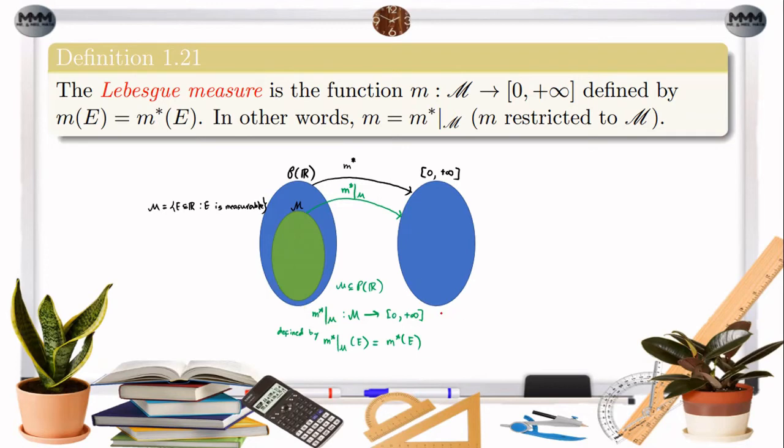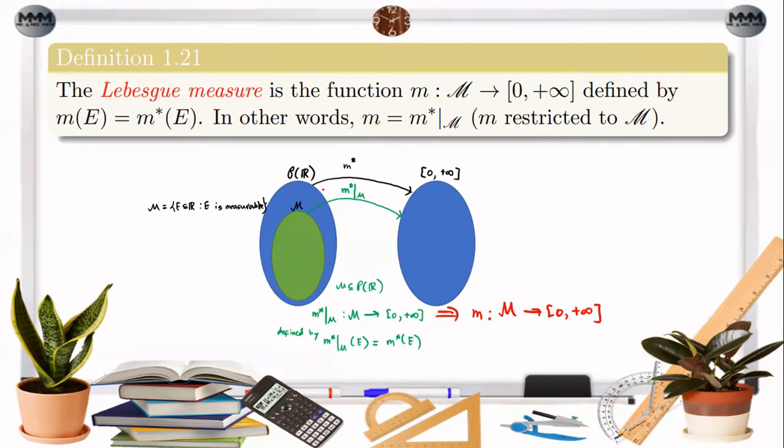Hence, we can write m is equal to m star restricted to script M. So we have m, the new function, from script M to the closed interval from 0 to positive infinity.